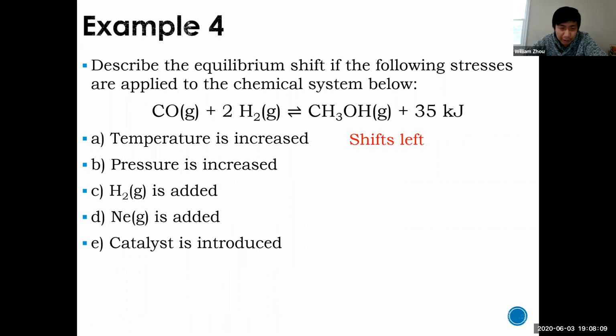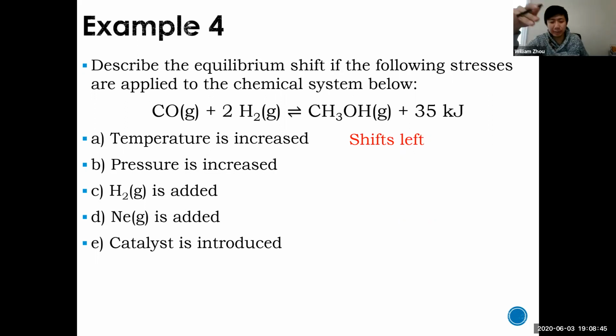B, increasing the pressure, what happens? Left, right, nothing. So think about what happens to gases with pressure. Shifts left.